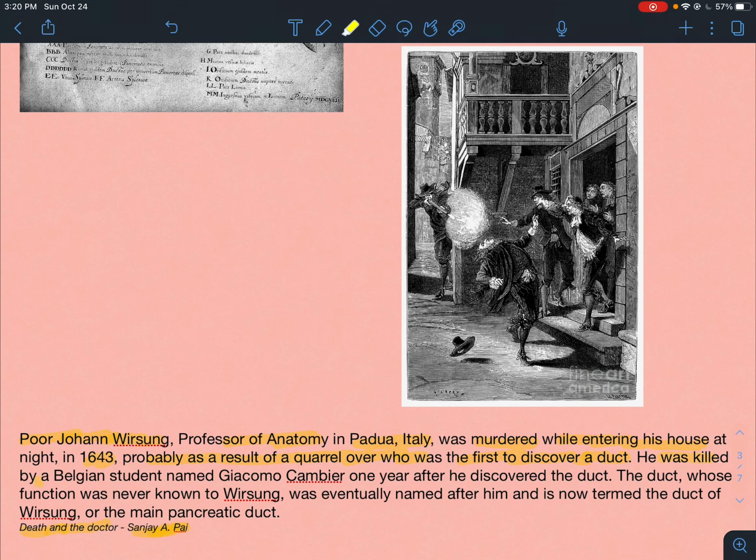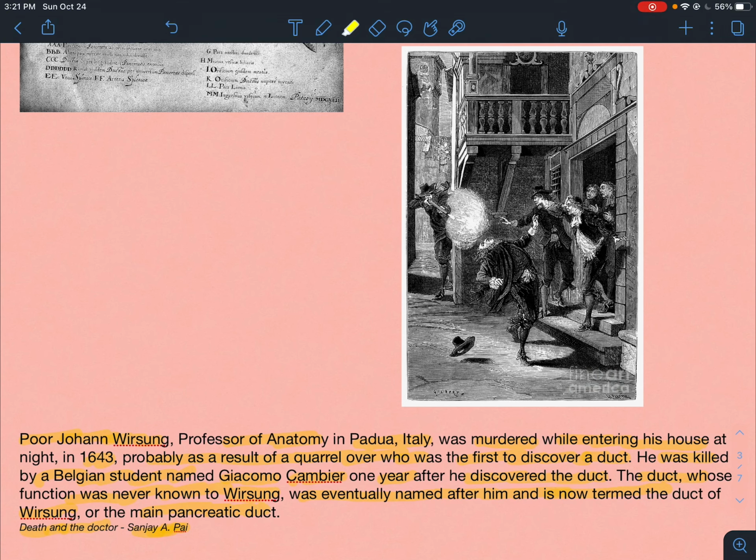He was killed by a Belgian student named Giacomo Cambier 1 year after he discovered the duct. The duct, whose function was never known to Wirsung, in other words, he didn't know what it was for, he just saw it in a dissection and drew it, was eventually named after him and is now termed the duct of Wirsung, or the main/major pancreatic duct.